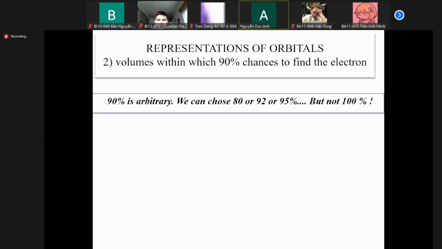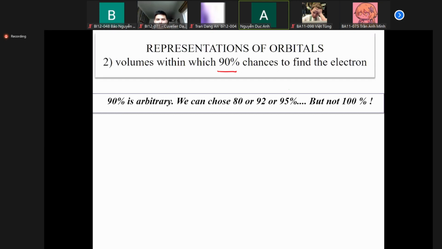As I said, an orbital is the area in space where you can find an electron with the highest probability. But actually, that volume is only about a 90% chance of finding the electron. You still have a 10% chance that the electron is somewhere else, not inside that area.